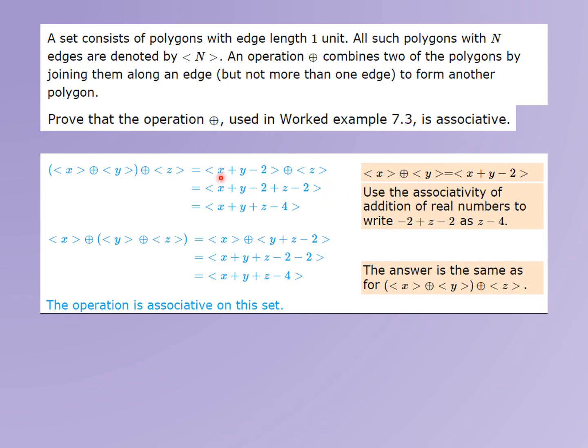We would then be adding together these 2 numbers and subtracting 2. So we would end up with x plus y plus z minus 4. If we were to go the other way around, y operation z would give us y plus z minus 2. If we were then to do x operation this answer here, we would get x plus y plus z minus 4. So we can see that both ways round we get the same set, so the operation is associative.